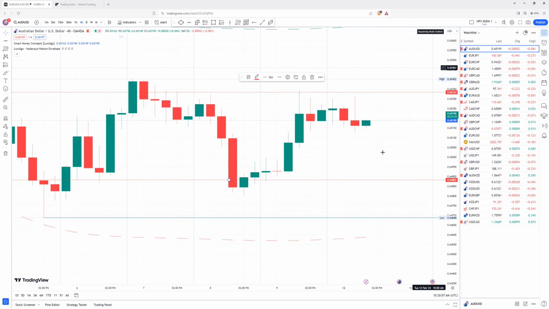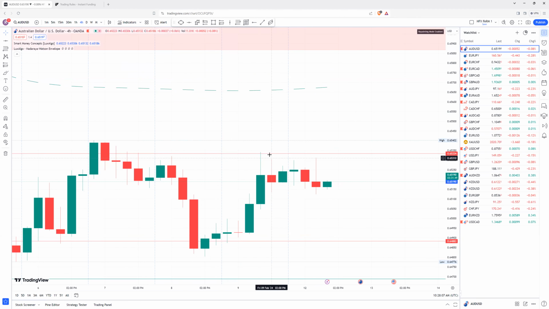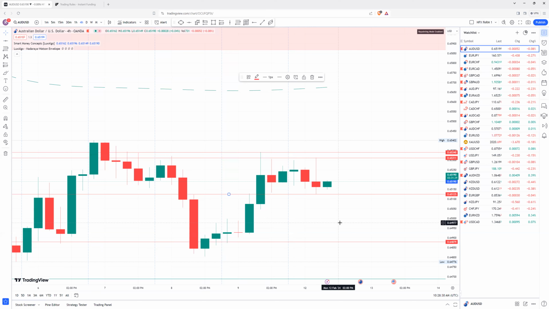You do the same thing, the high and the low of the previous 4 hour candle. So here is the high and low of the previous 4 hour candle. That's what we are working with right now. So immediately you get the high and the low of the daily and the 4 hour candle.